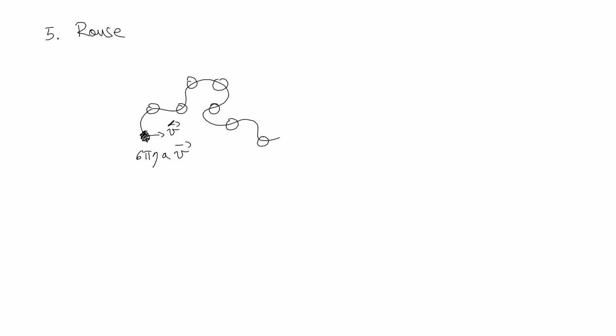So in this picture, Rouse says that the diffusion coefficient should rather be kBT over 6 pi eta R, with R being N a. The total size, I mean the hydrodynamic size, is simply N times the hydrodynamic size of one monomer.